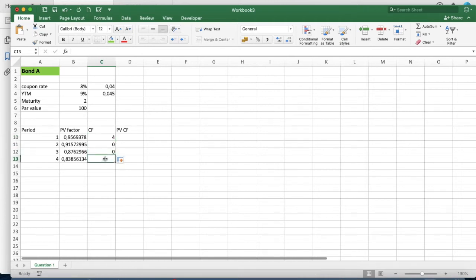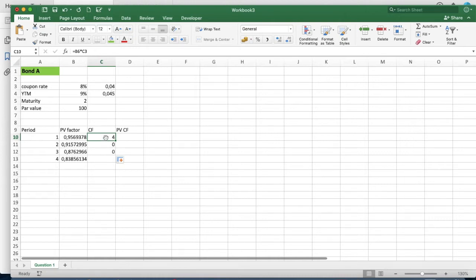But for the final period, the bondholders will receive, sorry, B63. So once again we have to fix the par value since it is constant, right? And we have to fix also the coupon rate.